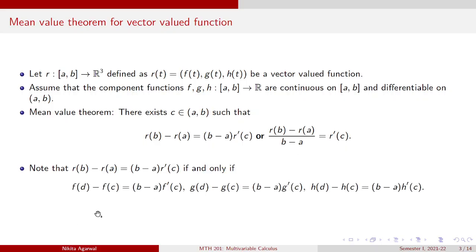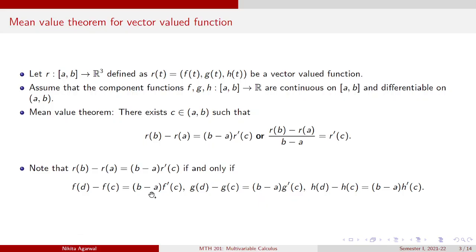Note that when will r(b) minus r(a) equal (b minus a) times r'(c)? Because r(b), r(a), r'(c) have components, when are two vectors equal? When each of their components are equal.